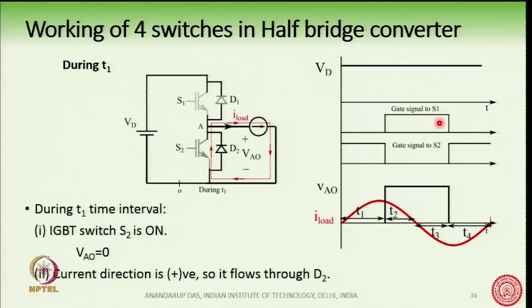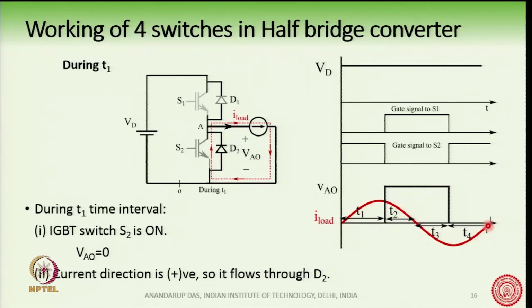Here we have given the gate signal to S1 and the gate signal to S2 here. So, if S1 gate signal has been given, then the upper switch turns on, the voltage between point A and O will be like this here.